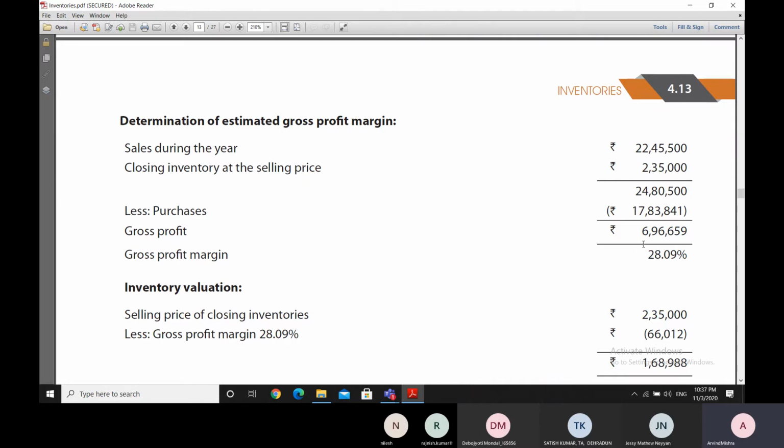The gross profit margin is coming to 28.09%. How is it coming to 28.09%? We are taking the gross profit of 6,96,659 divided by the total sales of 22,45,500, and thereby we are getting a value of 28.09% by multiplying by 100.